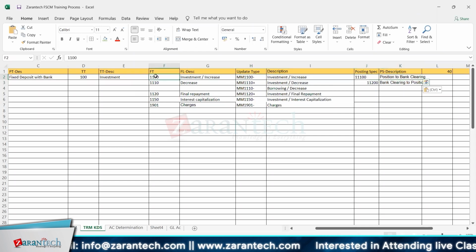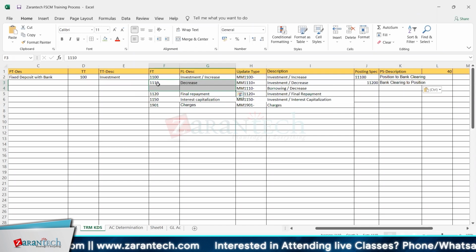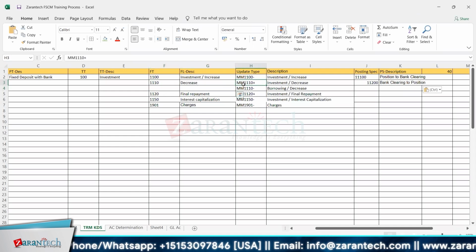But here I have one flow type called decrease or increase of the FD amount. It's possible that if I have created a fixed deposit of 1 lakh, I can add 10,000 more, or I can withdraw 10,000. So if you see the cash flow, it is positive and negative.